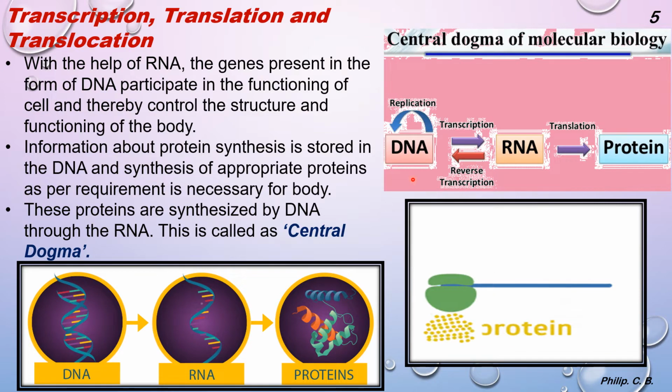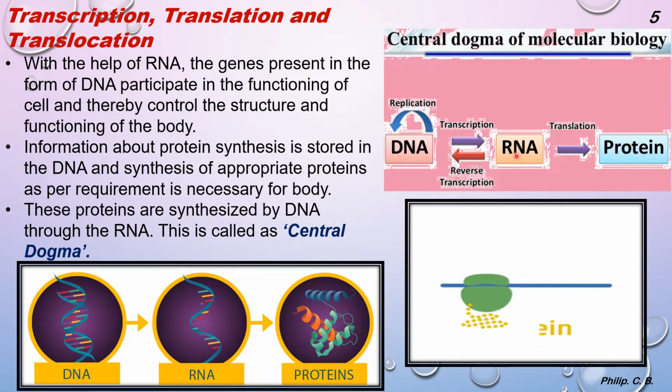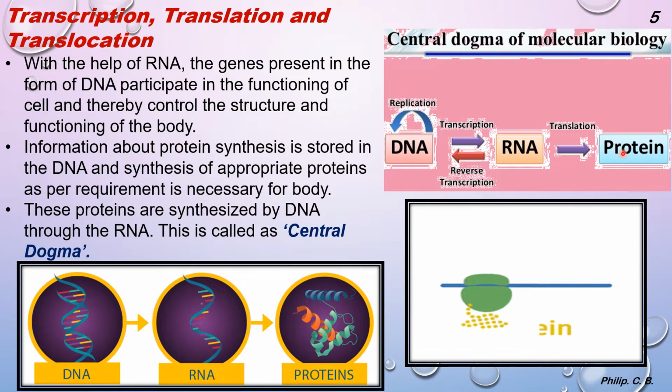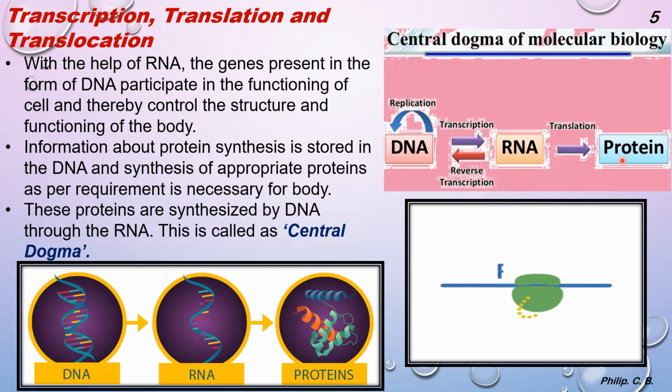So what is the central dogma? The DNA, by transcription, forms RNA. From RNA, by the translation process, protein is formed. That's why you are coming across the terms transcription, translation and translocation.